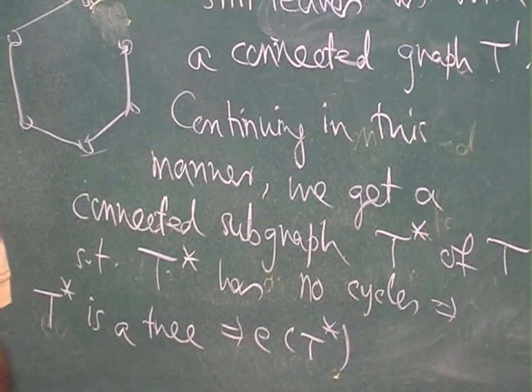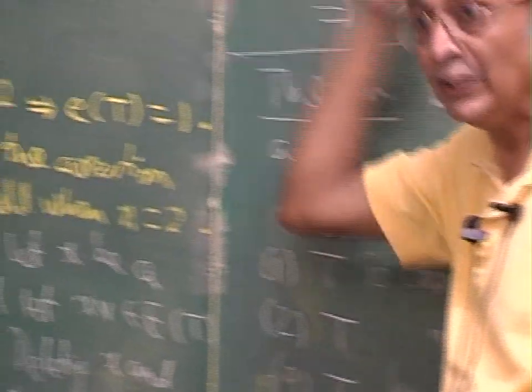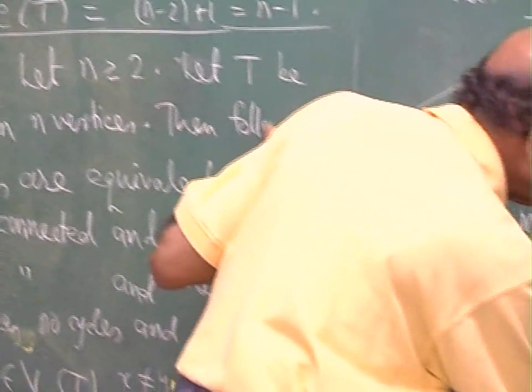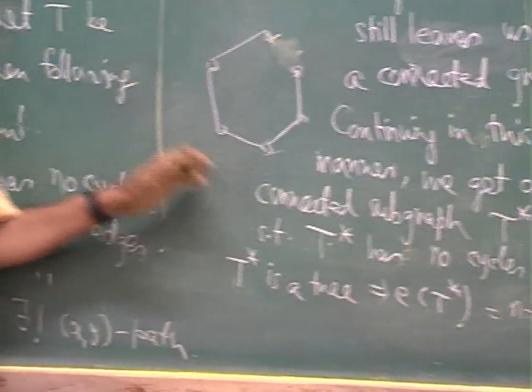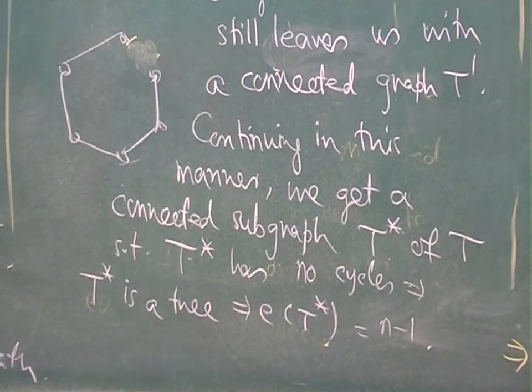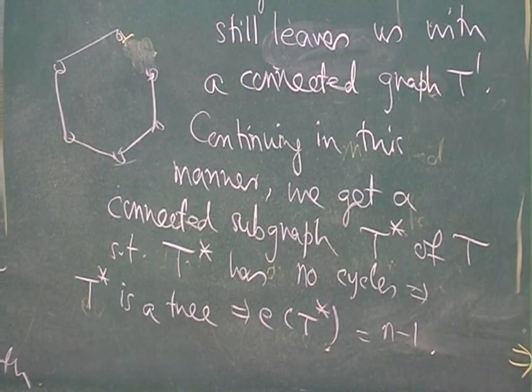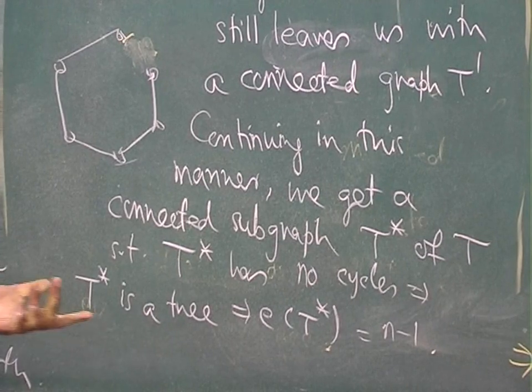The lemma says that if you have a tree on n vertices, you must have n minus 1 edges. But the pretension was that T star was constructed by removing edges. That means I did not remove any edge. Is that clear? That's a pretty proof of that.